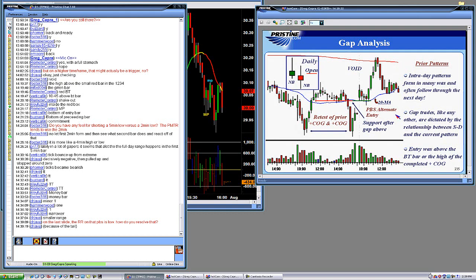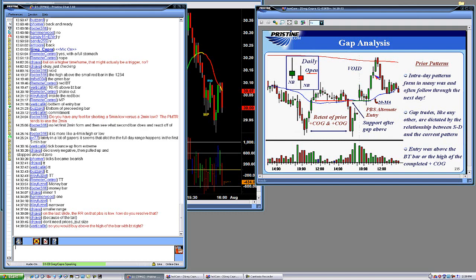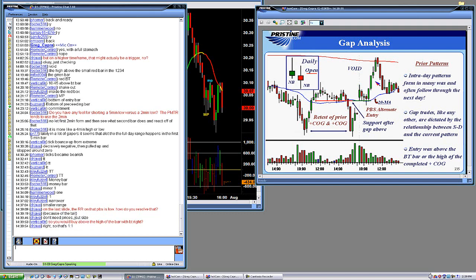The risk to reward. Well, I don't even have prices on here, so we don't even know. You know, the price ranges here, and when you say risk to reward, my assumption is it's taken out the high of the day. Based on the daily, this is going to take it out. 1-to-1?